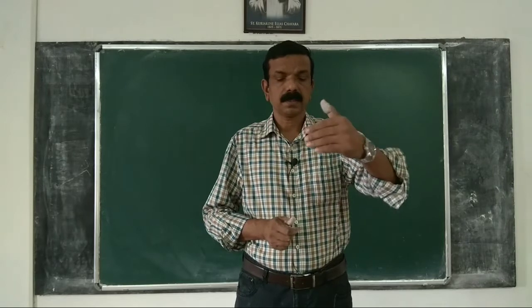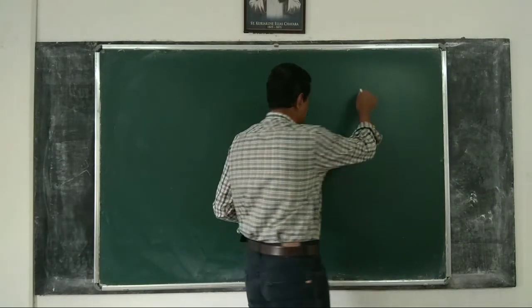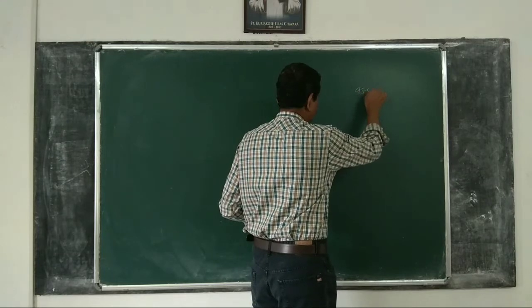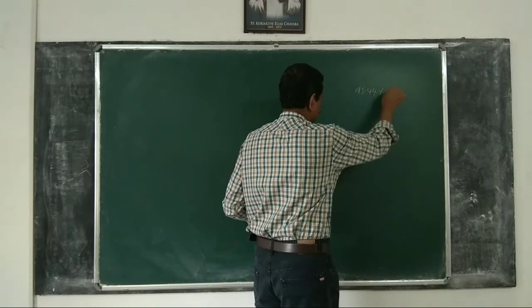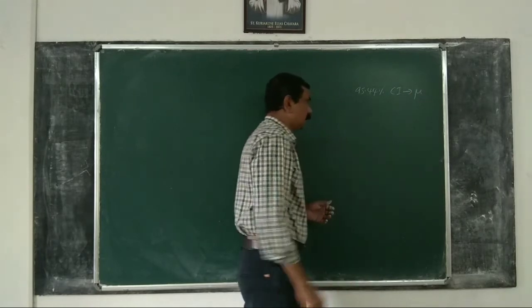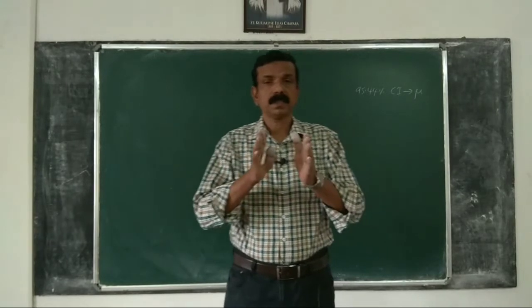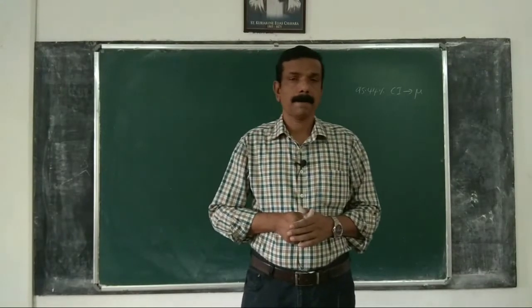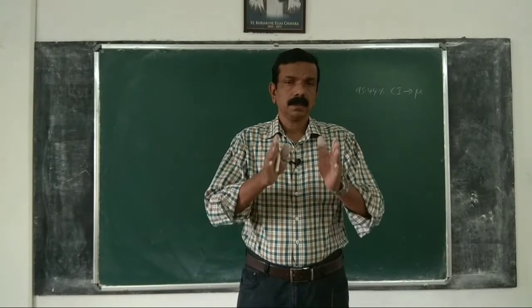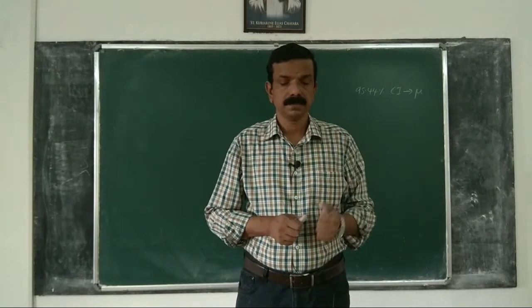In the previous class we discussed how to obtain a 95.44% confidence interval for the unknown parameter mu using the sample statistic x bar. Now in this class we generalize it.